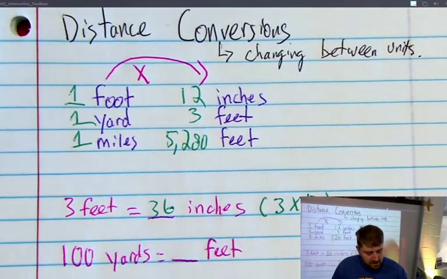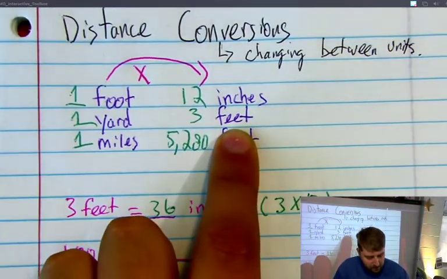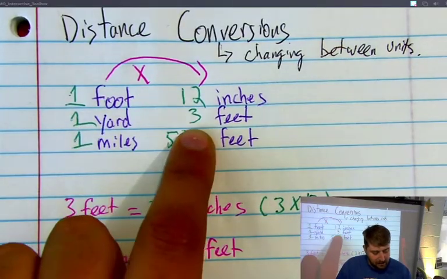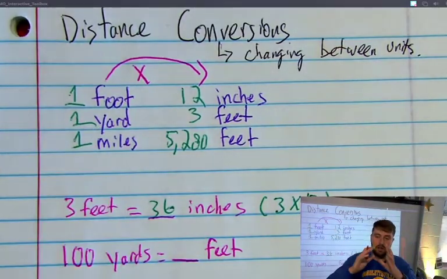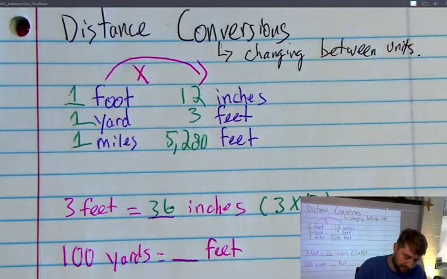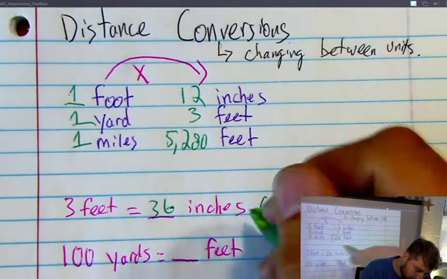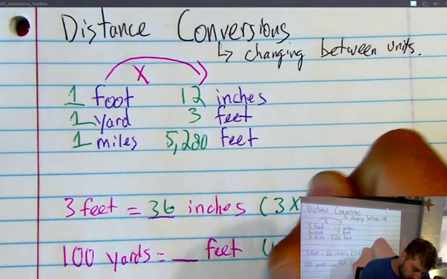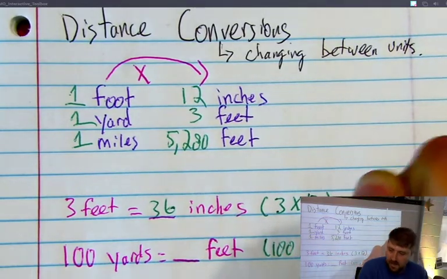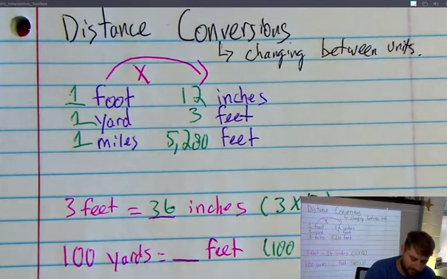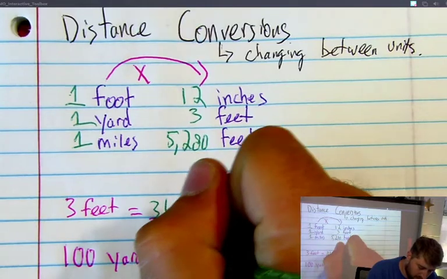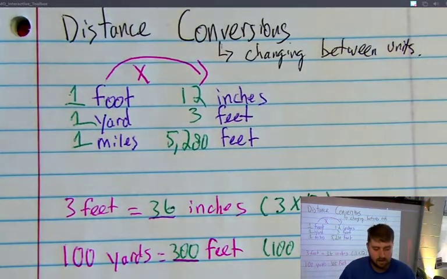Well, I'm going to have to use my yards and feet conversion. And I know in every 1 yard, there are 3 feet. And we're going from our bigger units to our small units, so we have to multiply. What are we going to multiply? We're going to multiply the 100 yards times 3. And 100 yards times 3 is 300. So 100 yards is 300 feet.